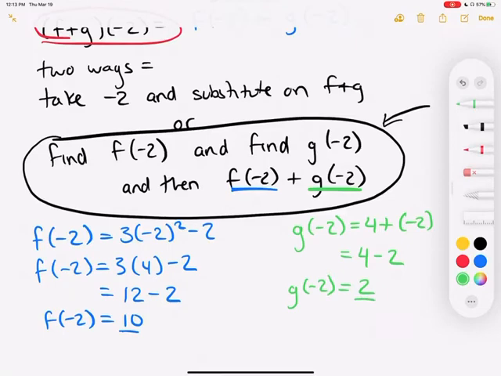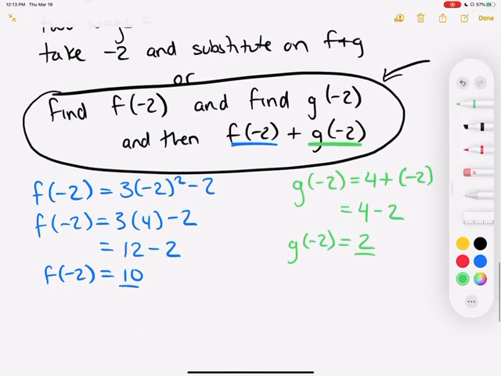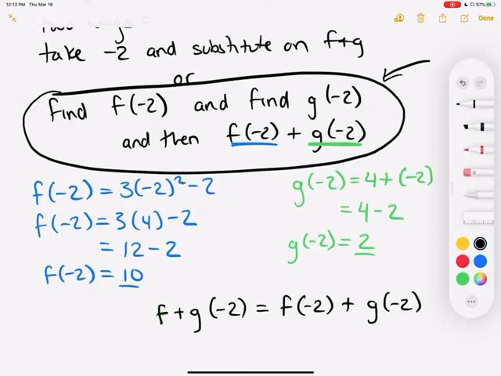Now the third thing that I have to do, I'm trying to find f plus g of -2, which means I have to take those two results, f of -2, and add it to g of -2. So f of -2, we defined to be 10, and I have to add that to g of -2, which we defined to be 2.